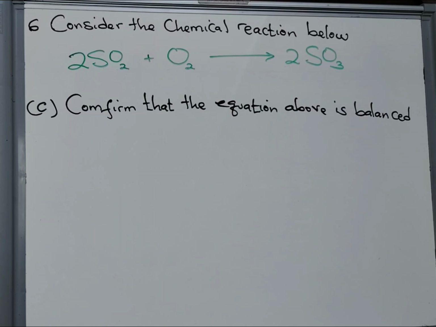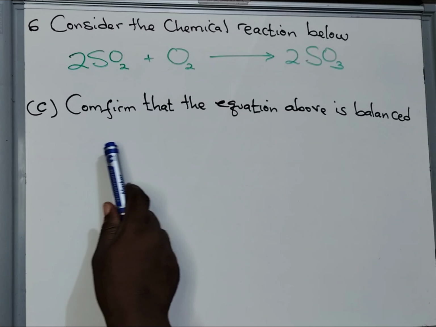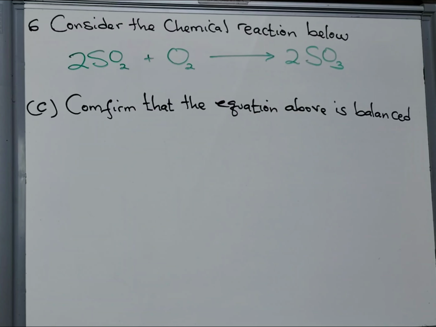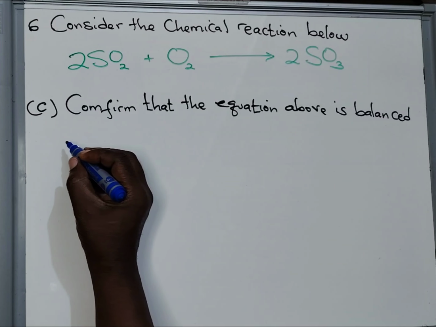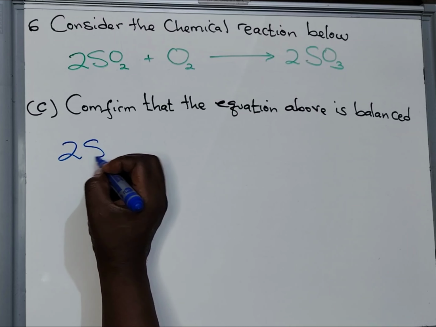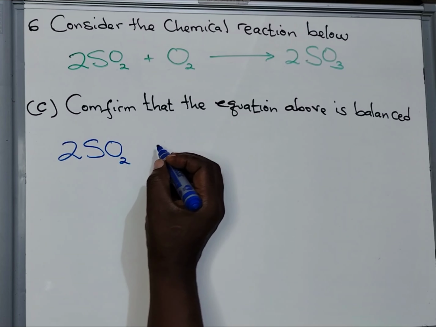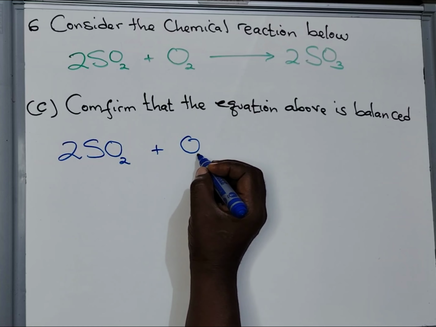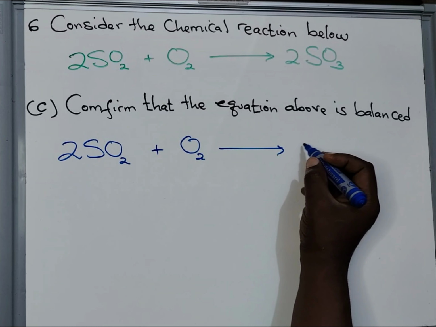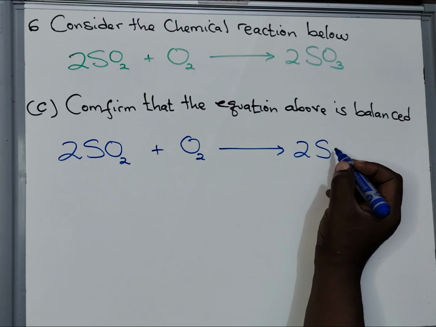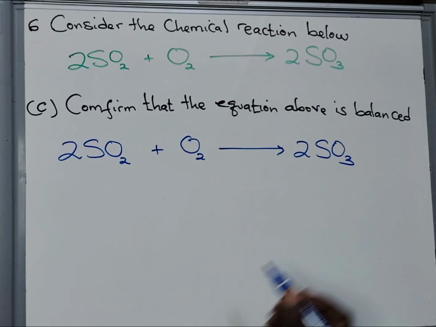So comes this question. It says, confirm that the equation above is balanced. This is our equation. And how do we show that it is balanced? Let us rewrite it. We have 2SO2 plus O2, giving you 2SO3.